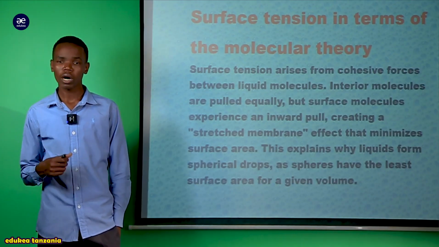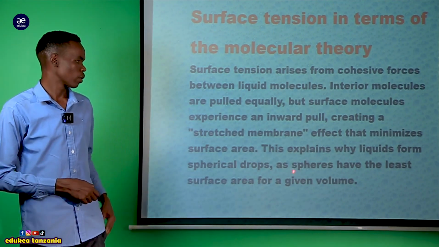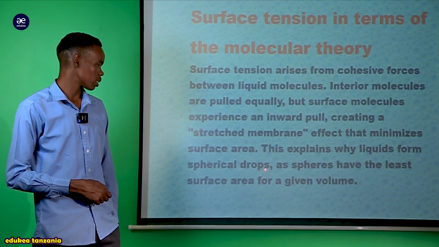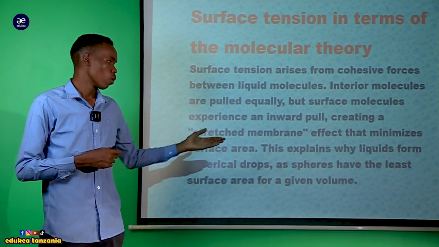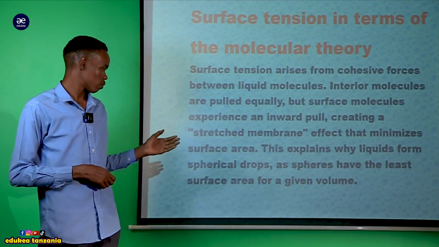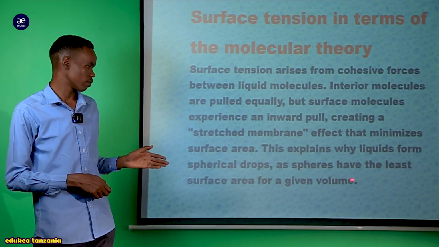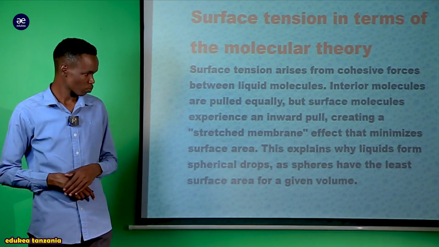Kwa hiyo hapa inakuwa na tendency ya kuweza kuminimize the surface area. So this explains why liquids form spherical drops, as a sphere has the least surface area for a given volume.